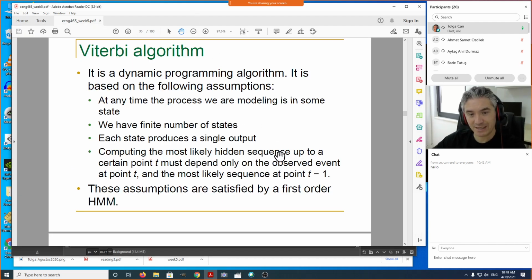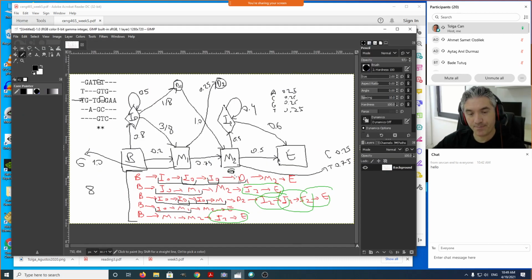So this is basically saying this. What is also saying that the best path that ends at M2 and emits this last symbol G, if you know the best path that ends at M1, which emitted the previous symbol, imagine before G, I have this previous symbol T in my sequence.